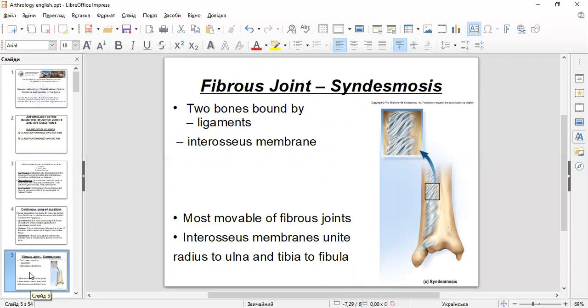Syndesmosis, when two bones are bound by ligaments or interosseous membrane. Most movable of fibrous joints. Interosseous membrane unites radius to ulna and tibia to fibula.